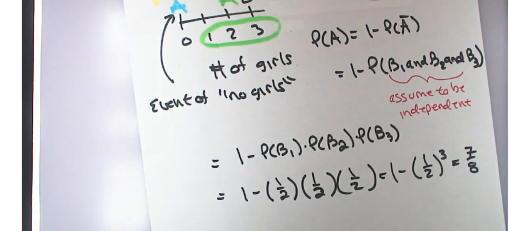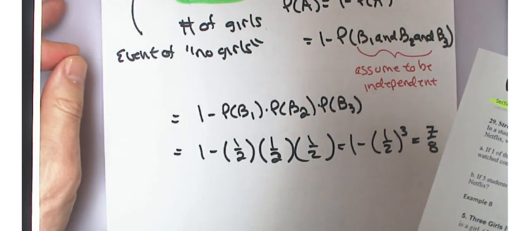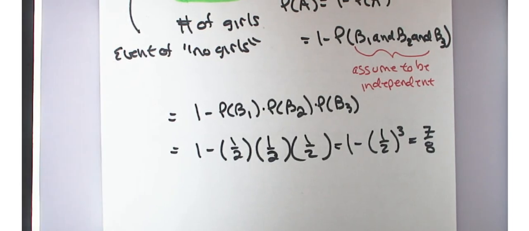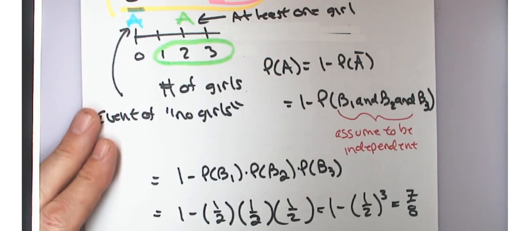Other thoughts or comments on that one? Chevelle? It's tricky stuff, so if you have a question, help me out. Nothing that I have now. I just noticed something that I need to go over. Okay. Hannah? I have a question. So you broke it up because it's independent, but could you still solve it just within the parentheses?